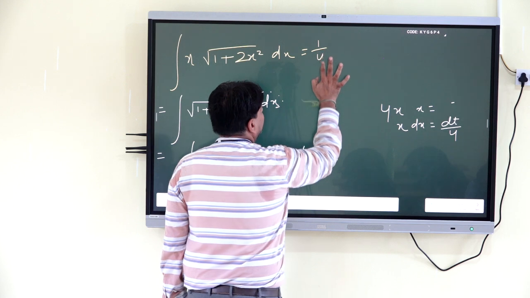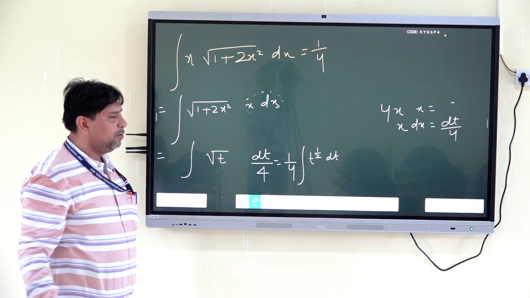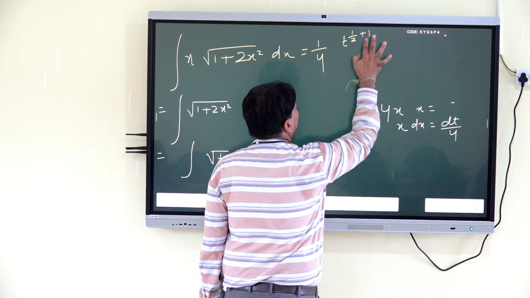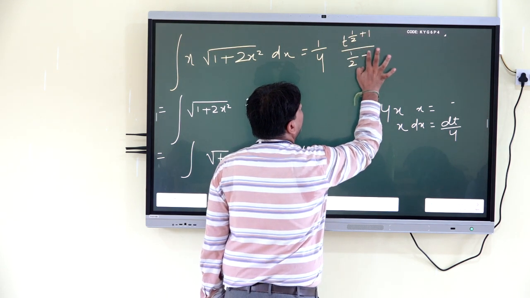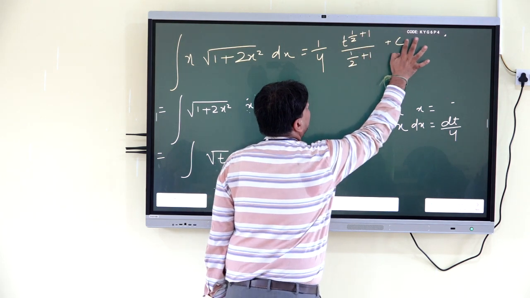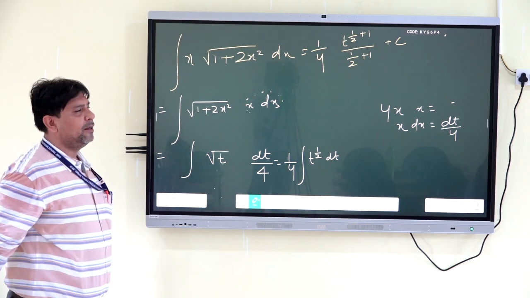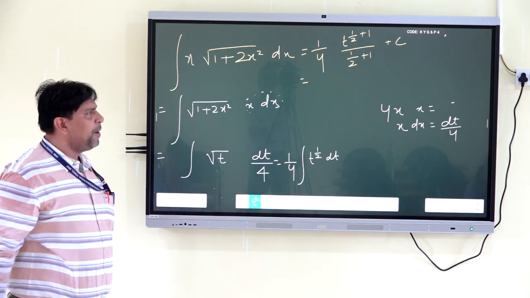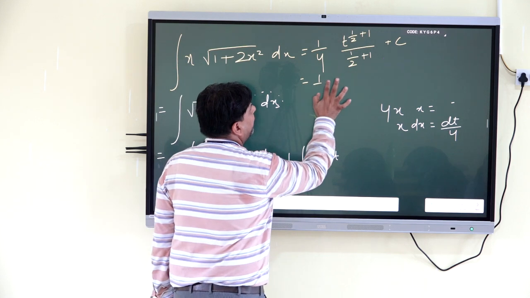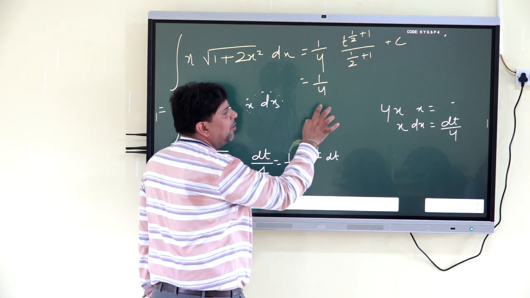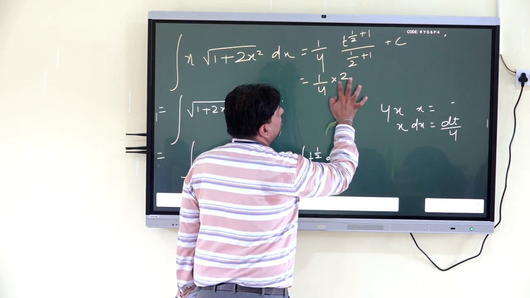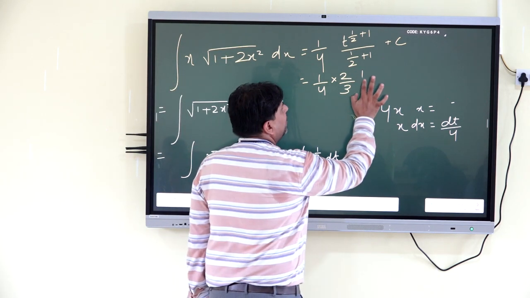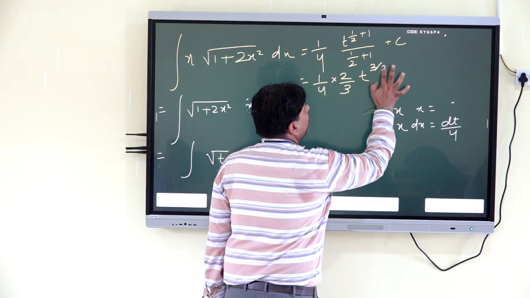1 by 4, t to the power 1 by 2 plus 1, divided by 1 by 2 plus 1, plus c. So t to the power 1 by 2 plus 1 is t to the power 3 by 2. So 1 by 4, and this 3 by 2 comes here and becomes 2 by 3, then t to the power 3 by 2 plus c.